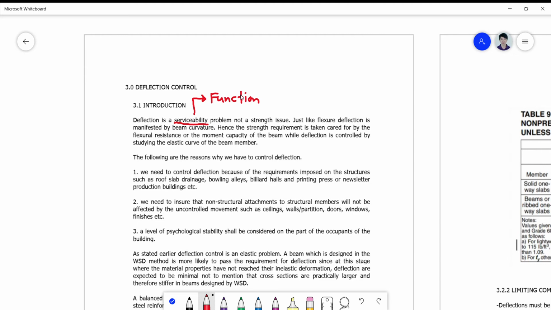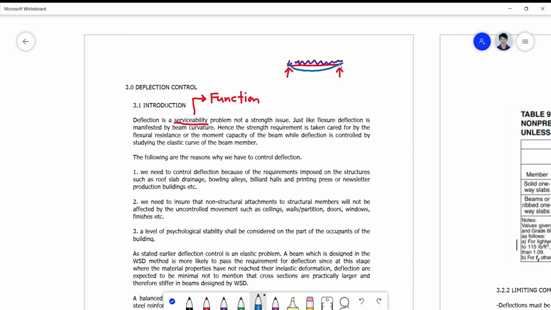And just like flexure, deflection is actually manifested by what you call beam curvature. Okay, so we have studied that when a beam is loaded with some type of loading here, let's say we have a uniform load that is applied on top of it, the tendency of the beam is to bend.